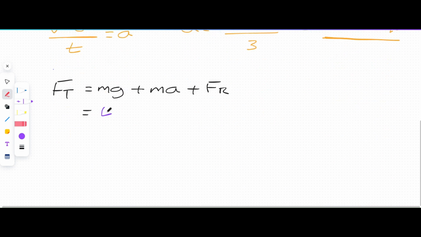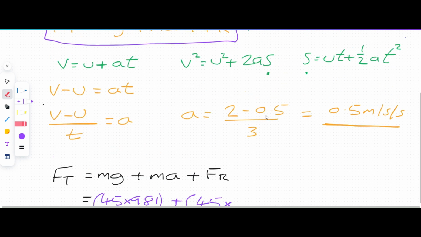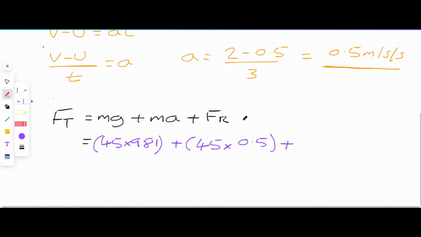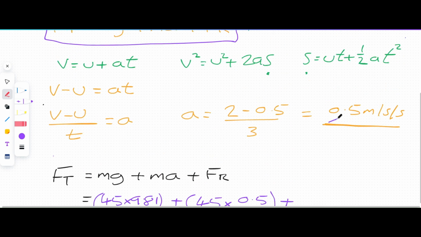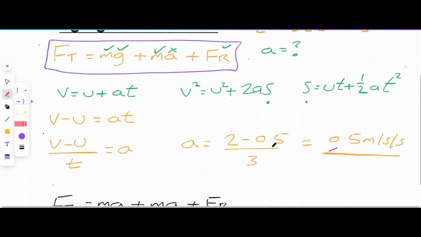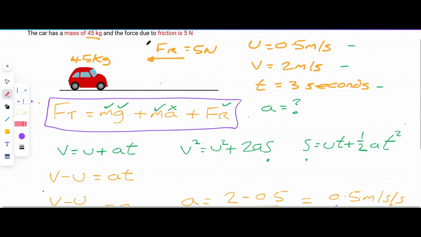So I'm going to put 45 there. Gravity is 9.81. We're on Earth. Put a bracket on that. Plus mass again, which is 45, times acceleration, we just worked out 0.5. That 0.5 is there, look. And the friction, the force to overcome friction, this is Fr, which is 5.